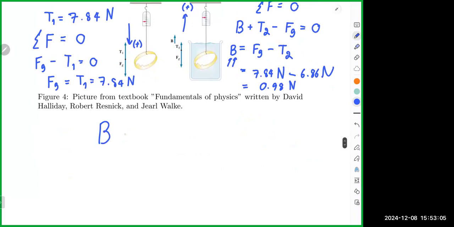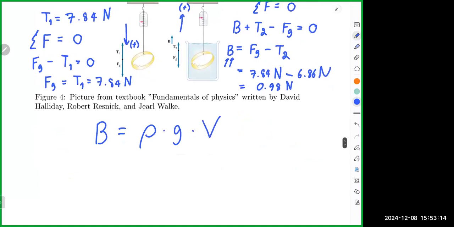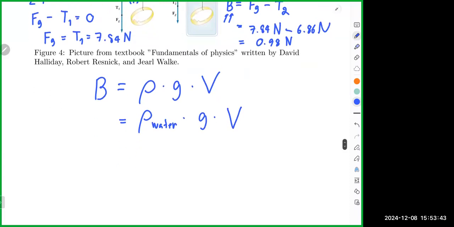The buoyant force would be rho times g times V. Right here, it would be the density of the water, because the water is replaced by the gold. And this is g, and this is V. Okay, buoyancy force is here.